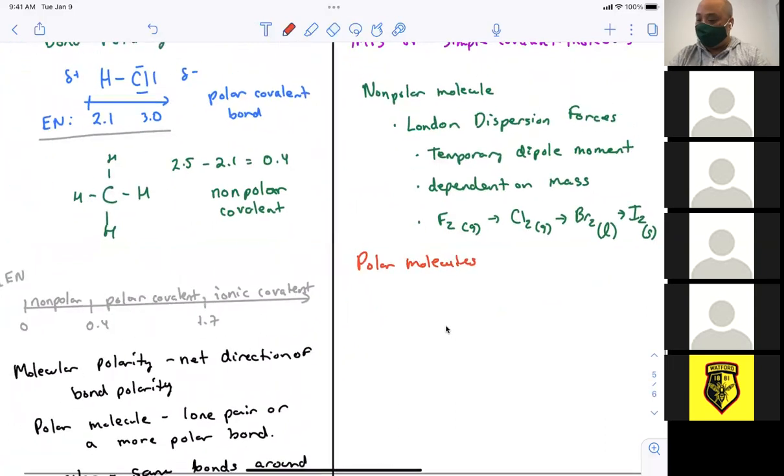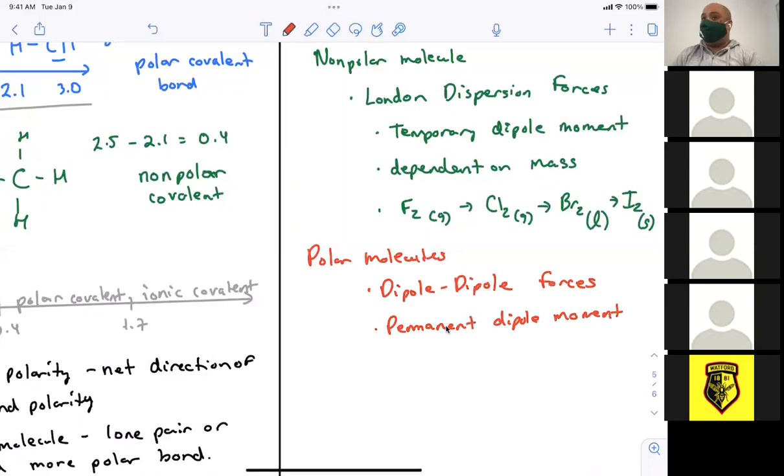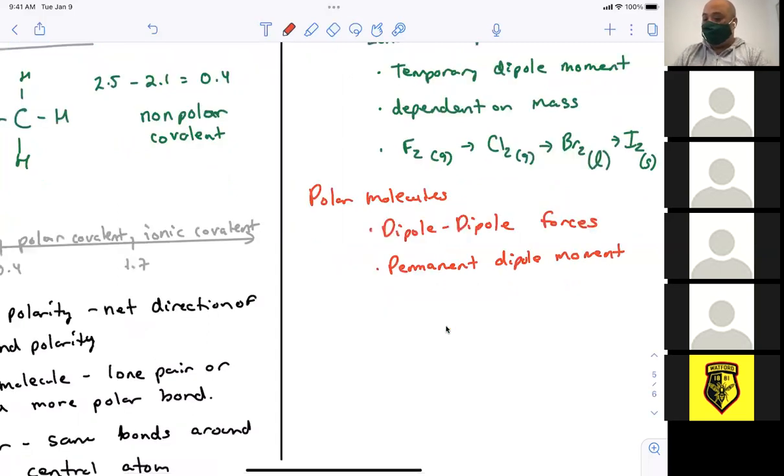But for polar molecules, you have dipole-dipole attractions, which mean that every molecule has a positive and negative end permanently. So there is always an attraction between two molecules in that mixture. So there's always a positive and negative, so they're always attracted or repelled by each other. Okay.